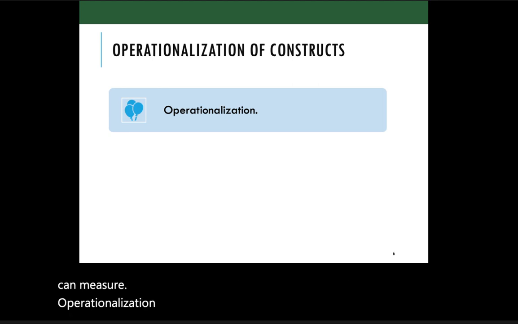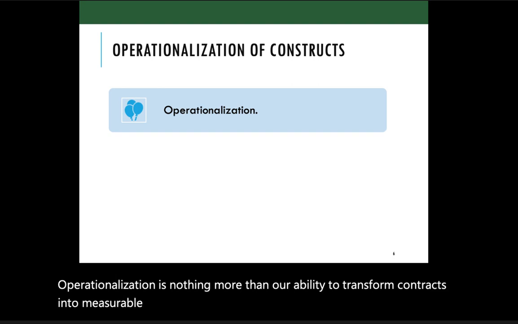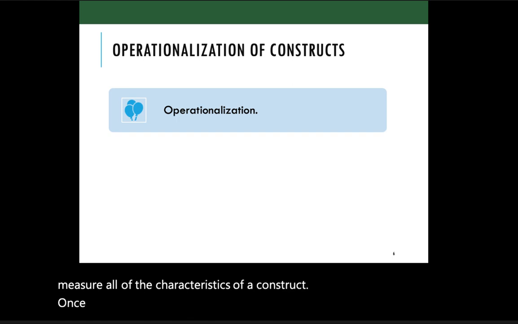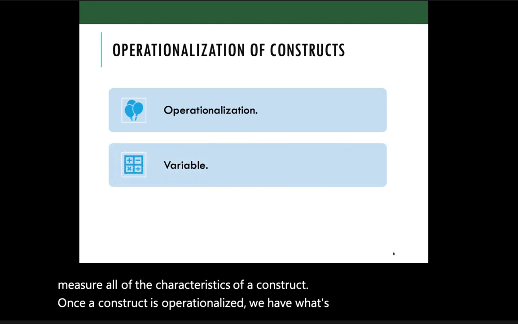Operationalization is nothing more than our ability to transform constructs into measurable pieces. The best researchers are the ones who are able to measure all of the characteristics of a construct. Once a construct is operationalized, we have what's called a variable.